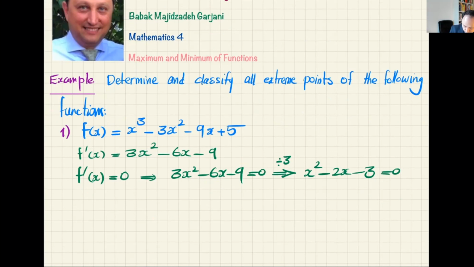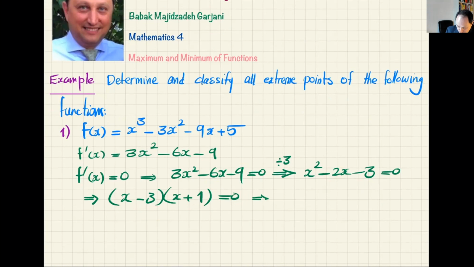And then if you solve this equation, I can factorize it, by the way. I don't think at this level you should be able to factorize it immediately. I need two numbers whose sum is -2 and whose product is -3. What are those numbers? One of them is -3, the other one is +1, yes? If I add them, it becomes -2. If I multiply them, it becomes -3. Of course, you don't have to do it this way. You can use the PQ formula, okay?